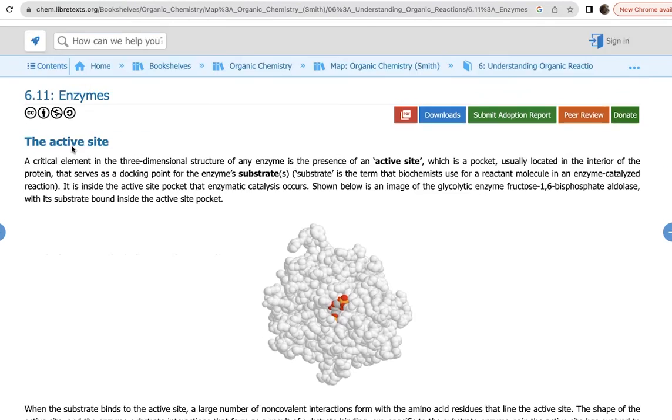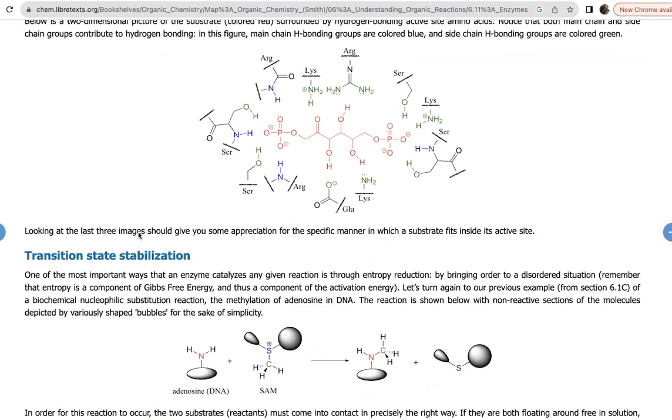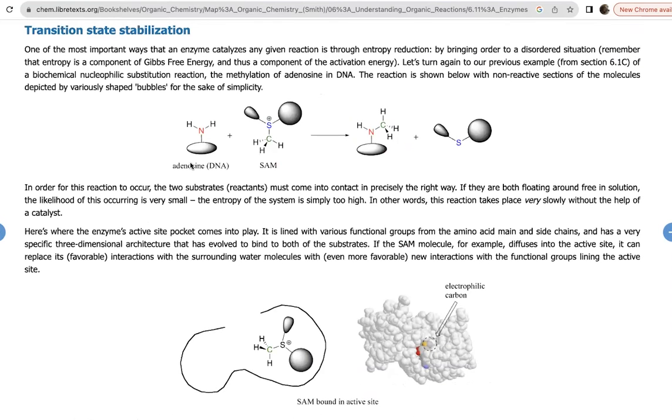So here's one on enzymes, and it has a nice example of how an enzyme helps to catalyze the methylation of DNA. We'll look more later in the course at how DNA can be modified, such as with the addition of a methyl group, typically by an enzyme using a cofactor called SAM. We'll get much more into cofactors later.